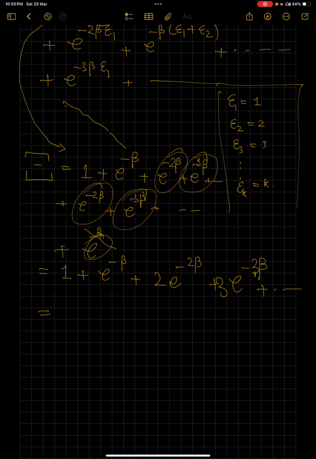You will see that the partition function is actually the generating function of the partitions. So basically, what I have is some grand canonical partition function. This can be written in this form: the product of 1 minus e to the power minus beta k, inverse, where k is basically 1 to infinity, right?